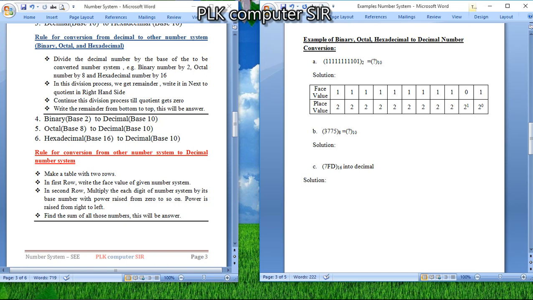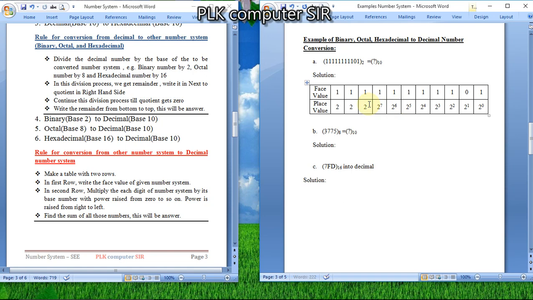Its power will be 2. Now its power will be 3. Control shift plus 4, the shortcut key for superscript. Now 5, then 6, 7, that's why I told you so on.